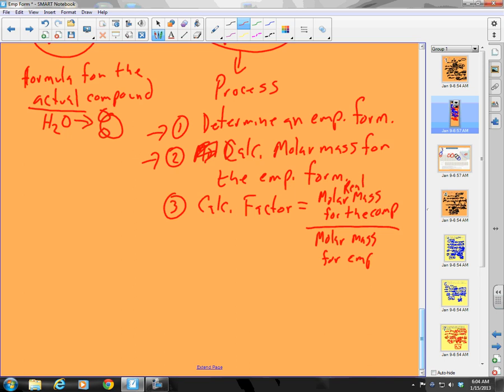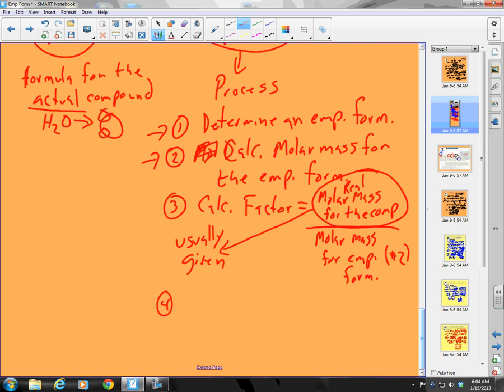You got that? The molar mass for the empirical formula is from number 2, right? Where did we get the real molar mass from? Well, the molar mass for the real compound is usually given in the problem. They usually say, hey, the real molar mass is this. Okay, so we know what that is.